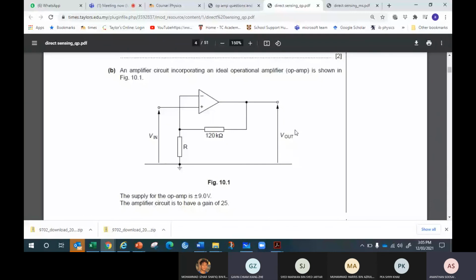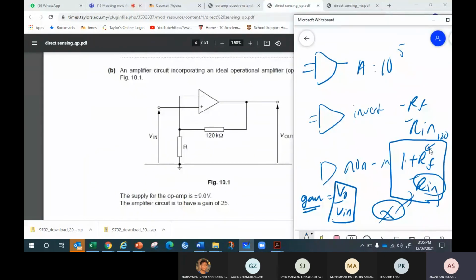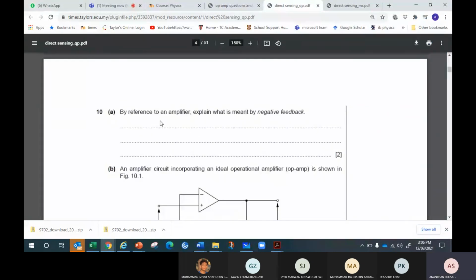It is non-inverting. There is a feedback, and the input is at the positive. So straight away go and write the gain formula. Gain is 1 plus RF over Rin. Who is your RF here? Who is your Rin? 120 is your RF, and R is your Rin.